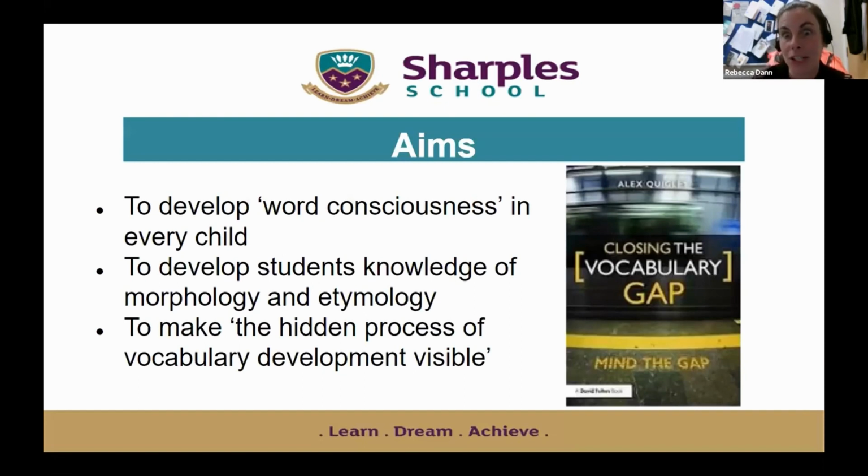They were asking questions about vocabulary, to develop their knowledge of morphology and etymology, and to make the hidden process of vocabulary development visible. That is a quotation from Alex Quigley's Closing the Vocabulary Gap. And I was really wanting to make sure that staff didn't just take it for granted that students were acquiring this vocabulary, that they were actually explicitly teaching it.